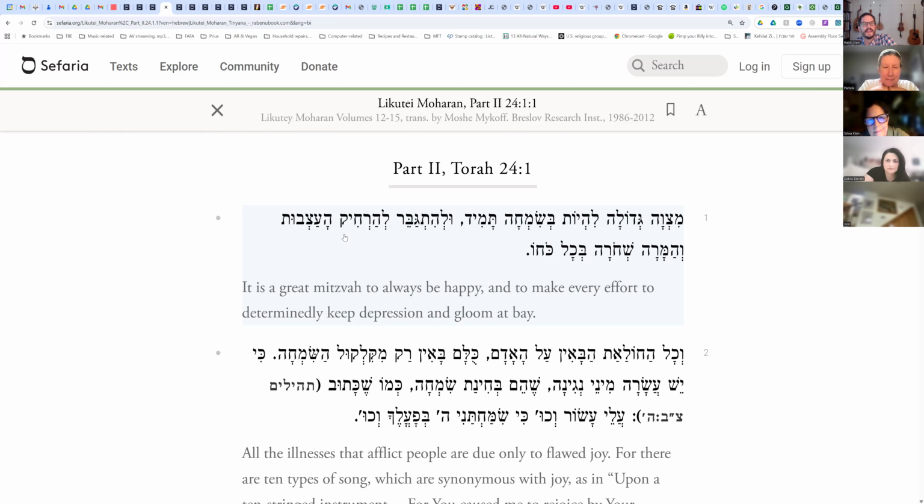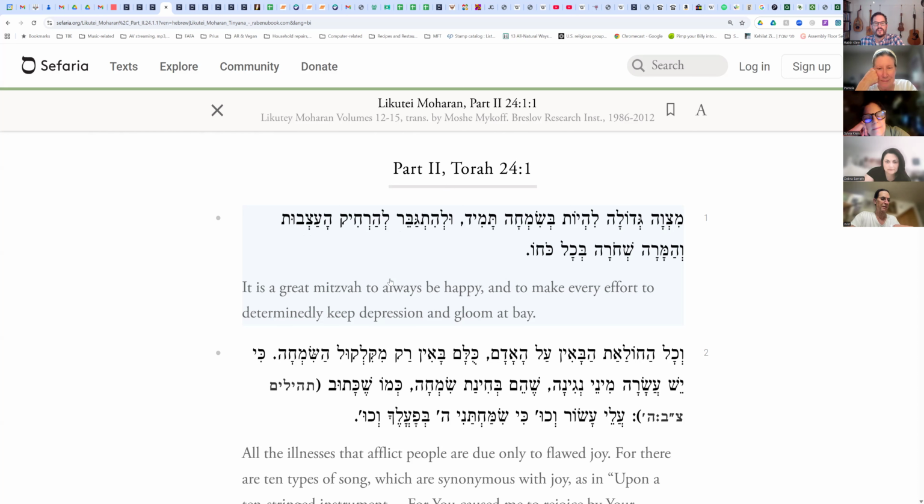Litgaber laharchik atzavut. So to conquer or to be in control of, or to master, to have strength over, and to distance from sadness, the marah shechora, and the dark bitterness with all of one's strength.